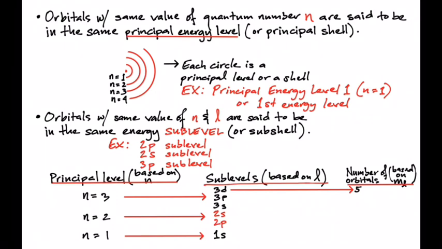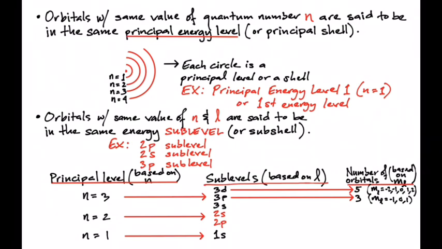For a P sublevel, you would have L equals 1. And the possible values of m sub L are -1, 0, and 1. 3 different values, which means that there are 3 orbitals in the 3p sublevel.